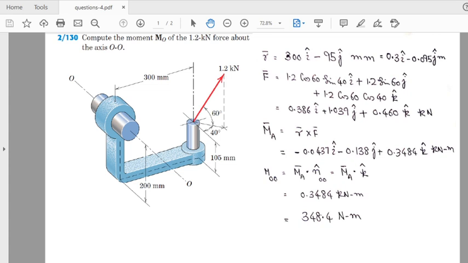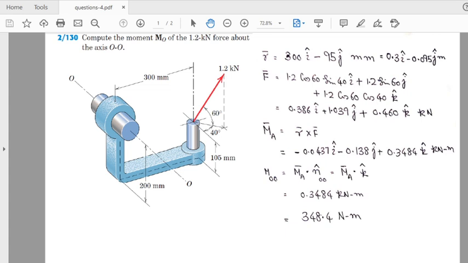So when we take the difference of the coordinates, say this point is point B where force is applied, and point A is at the middle of line OO. The coordinates of point A were 0, 200, 0. So the vector r bar is going to be coordinates of point B, which is the point where force is applied, minus the coordinates of point A, which is on line OO at the middle of the bracket.